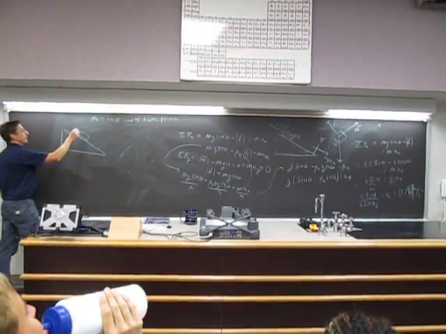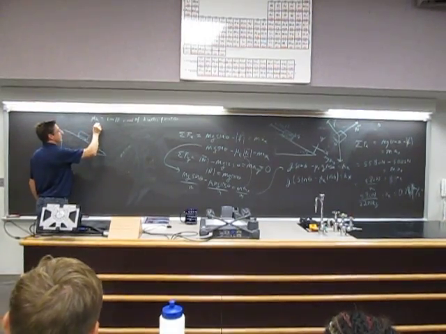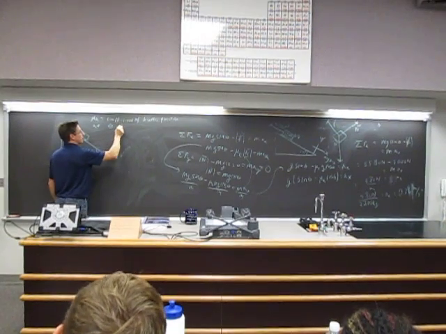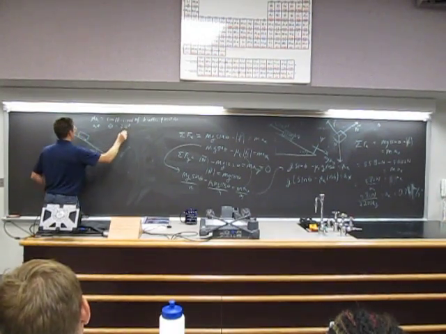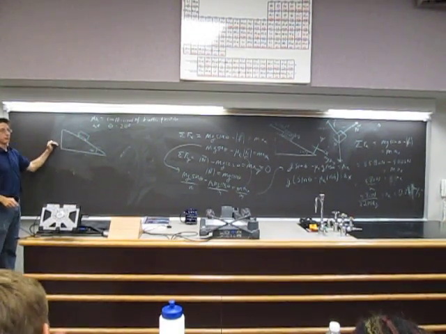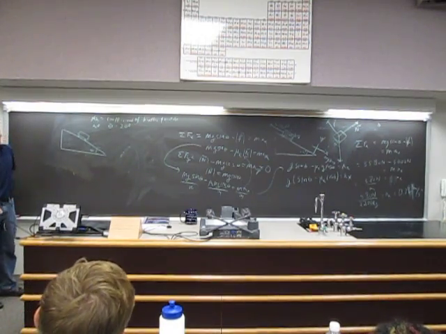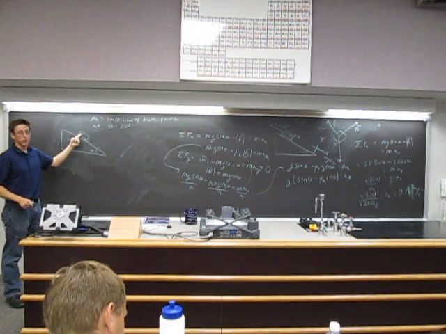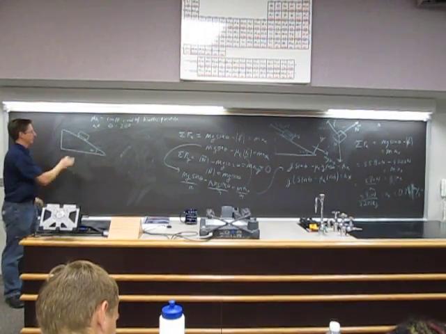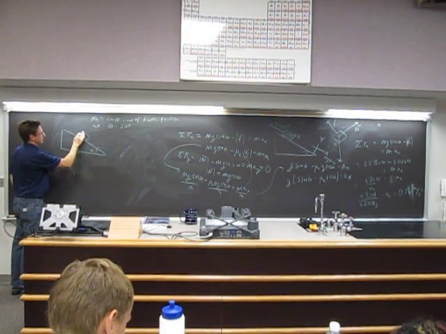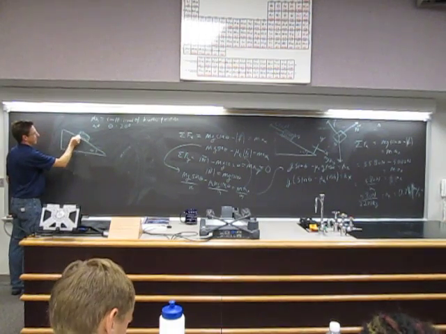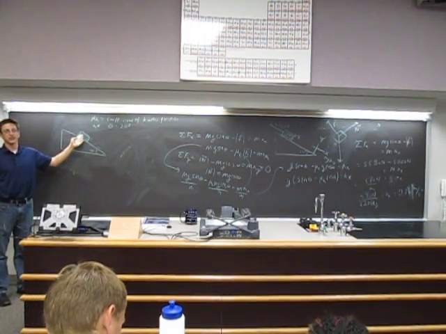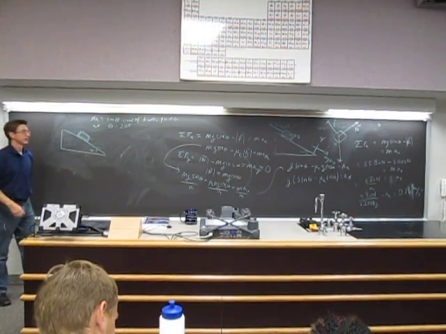And we find at theta equals 20 degrees, so this plane can be adjusted up and down, say, that this block slides at a constant velocity.